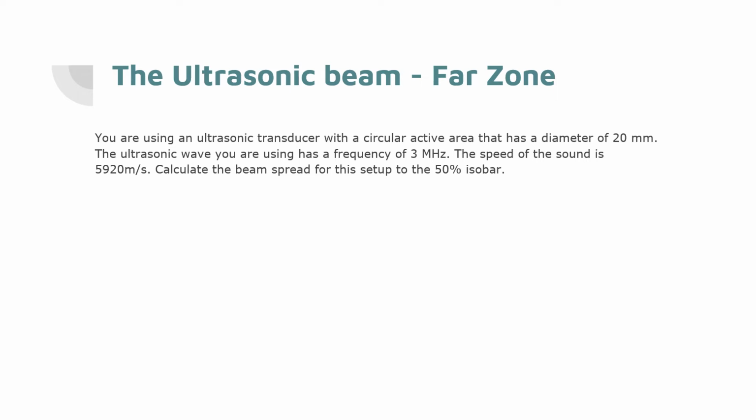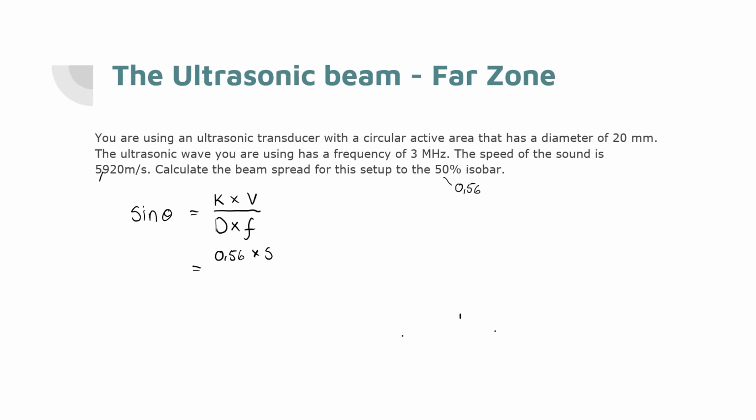So first things first, we're going to put in the comma there. And the 50% isobar, we can check our K values in the previous slide, but it should be 0.56. Now we're going to write down the formula. So sine theta is equal to the constant multiplied by the velocity divided by the diameter multiplied by the frequency. Now the constant here is 0.56.